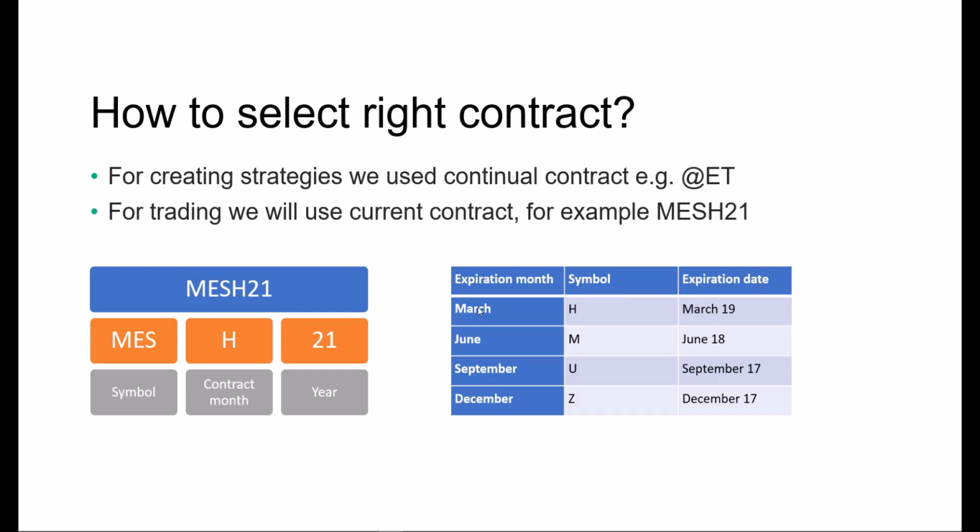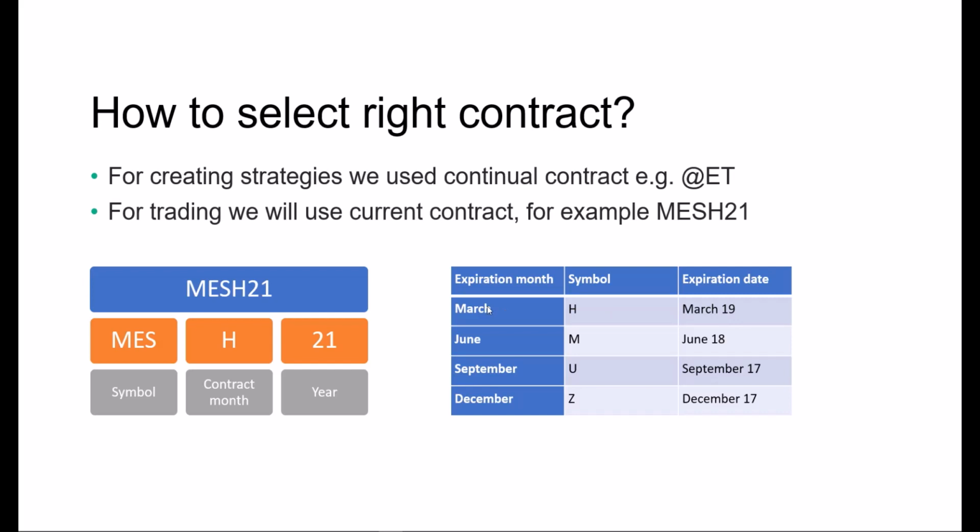During the life cycle of this strategy, every 3 months we will need to switch to the next contract, which means that we will need to change this symbol in the chart. Right now it's first week of January 2021, therefore we will choose the contract symbol H, which is March, and expiration date is March 11.